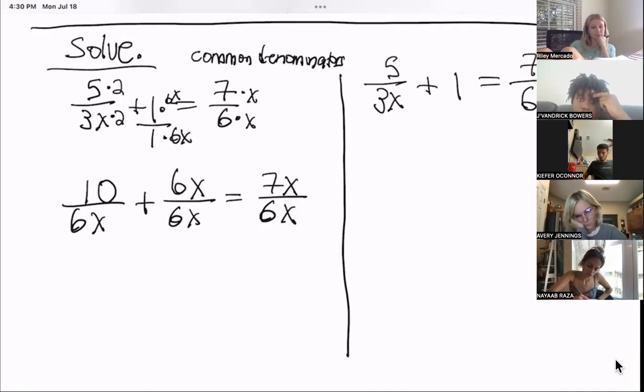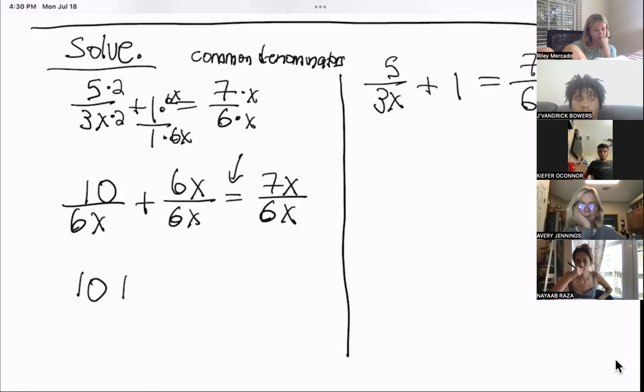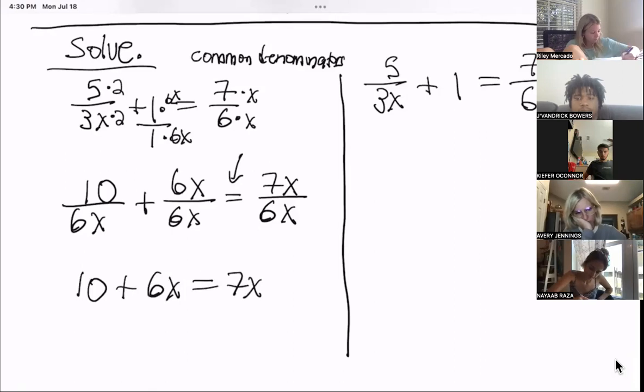Now, once all the denominators are the same, this is only for when it's equal to. Once all the denominators are the same, you don't need them anymore because they're all the same. All we need is the numerator. Only for equal to. When all the denominators are the same and you have an equal to, you don't need the denominator.